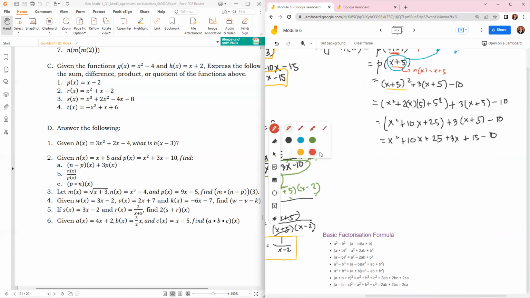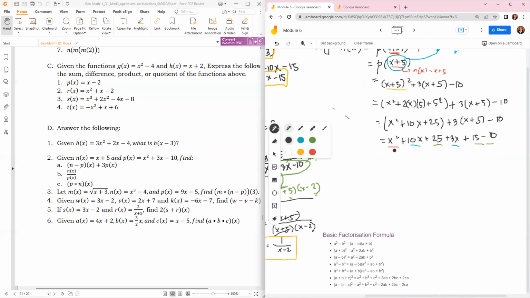So we group like terms. We only have one x squared term. For the x terms, we have 10x and 3x. And for those without x, we have 25, 15, and negative 10.